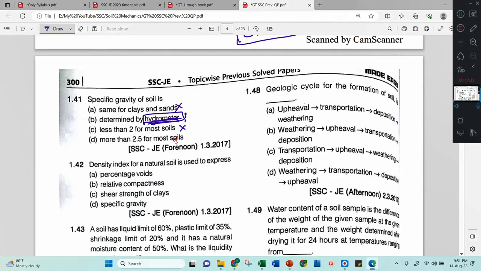Hydrometer is the instrument used to determine the specific gravity of liquids. Right? Therefore, this is wrong. This is wrong. Therefore, D is the correct answer.